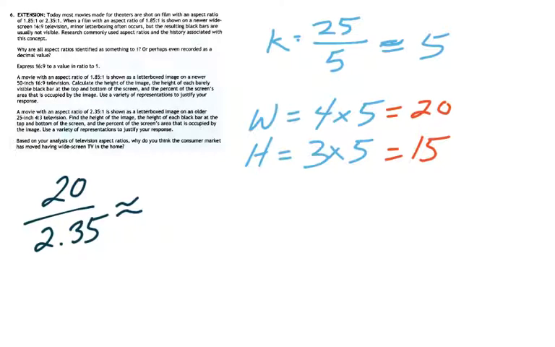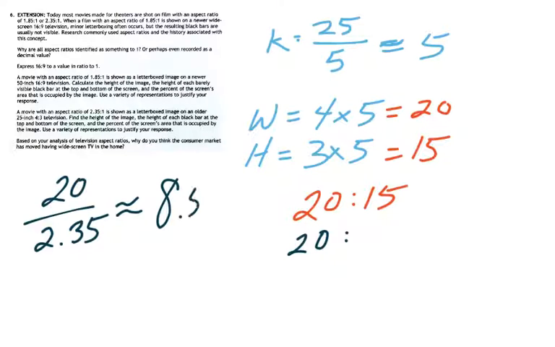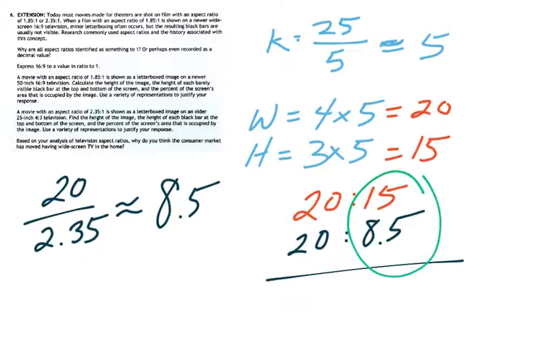So here we have 20 to 15 as the aspect ratio of the television, and then 20 to 8.5, which is the aspect ratio of the 2.35 to 1 projected onto a 4:3 television. And again, you'll see the difference.